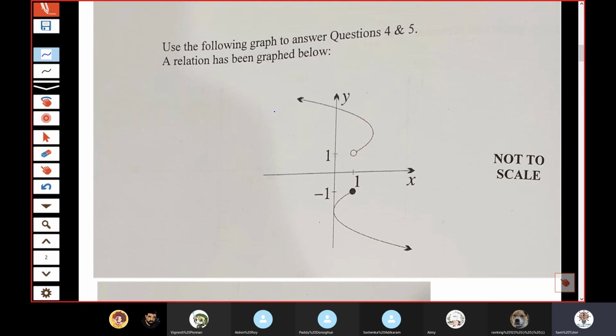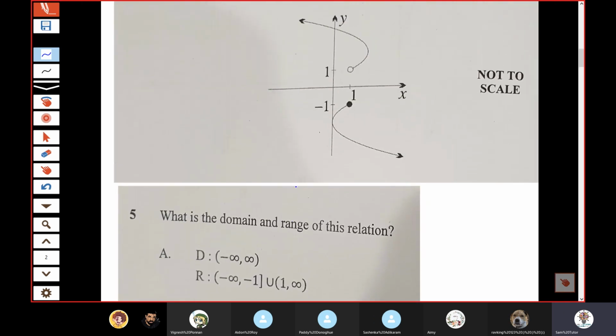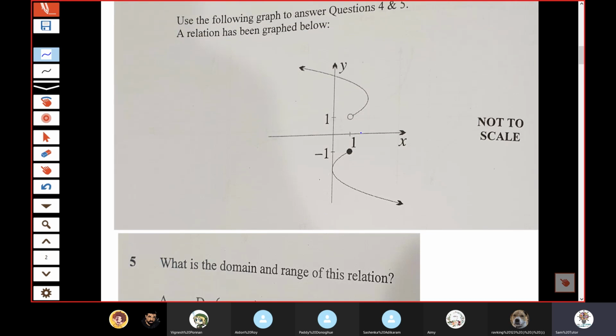Use the following graph to answer these questions. A relation has been graphed below. What is the domain and range of this relation? Well, what does the domain look like? Can it be anything before 1? Well, it looks like it, because it's going this way, and at 1, this also works here.